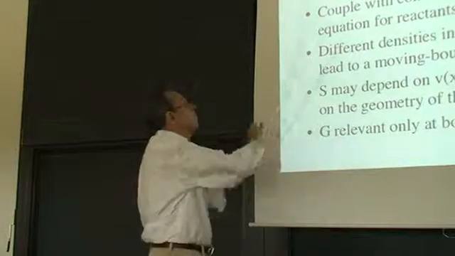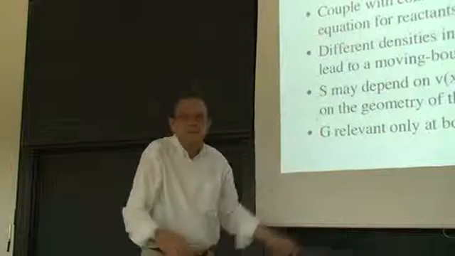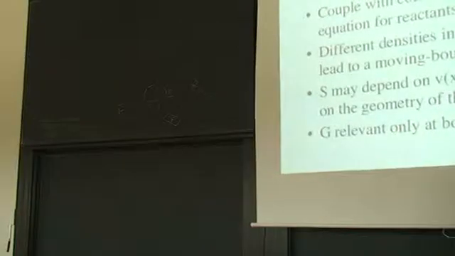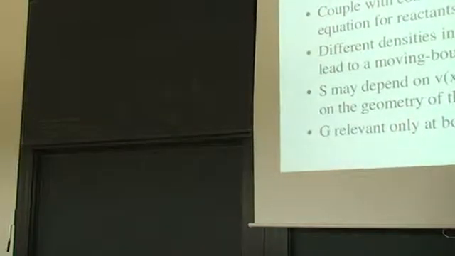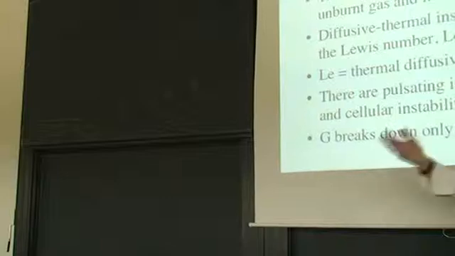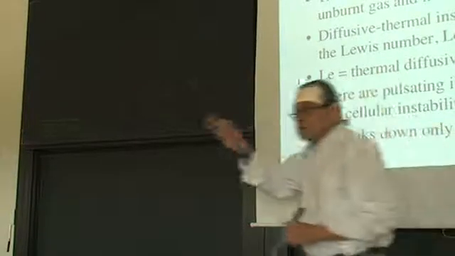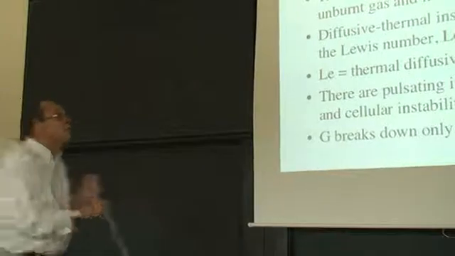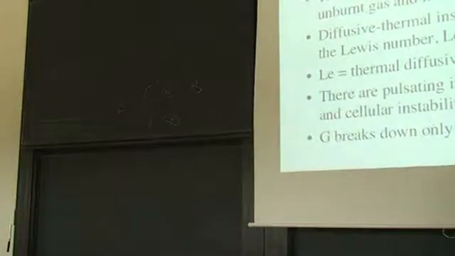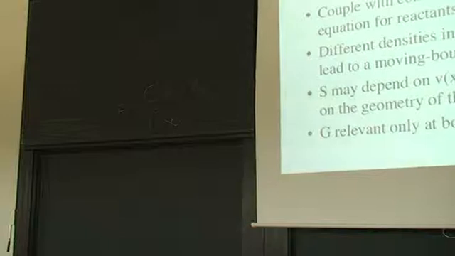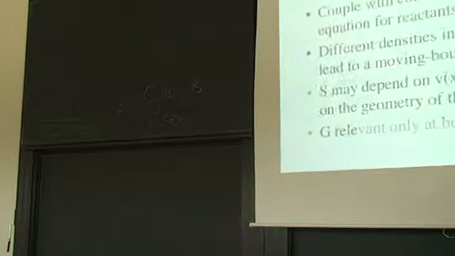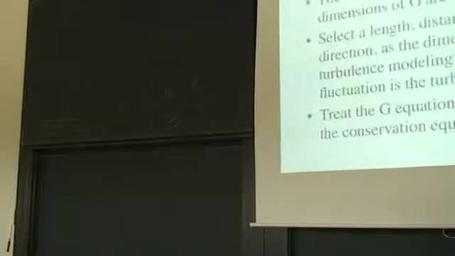All it has to do is be less than zero in reactants and greater than zero in products, and so there's an infinite number of functions that would satisfy that condition, and all of those functions would mathematically propagate the surface at the correct velocity.